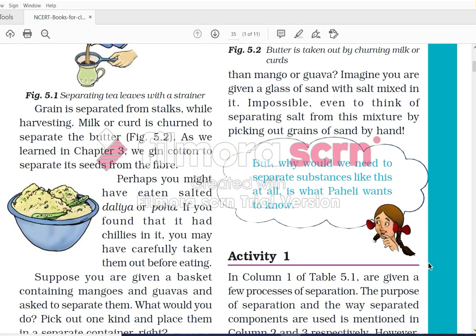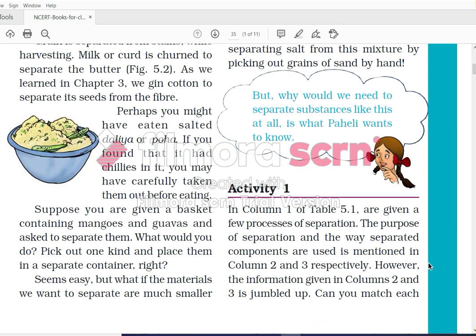Now here is a very good example given. If we are given a huge bowl containing mangoes and guavas, and we need to separate them, it is a very easy process. But on the other hand, if we are given a glass with salt and sand, it would be impossible for us to do or even think about it.